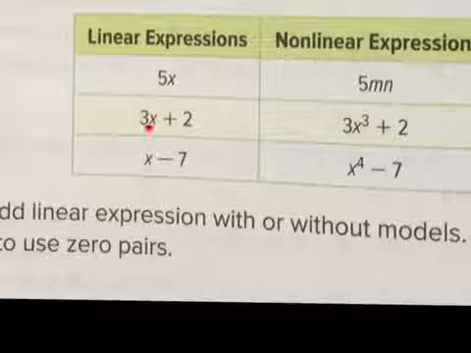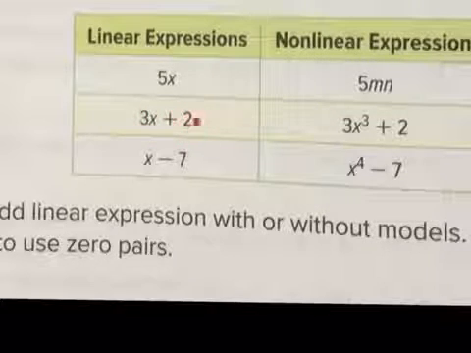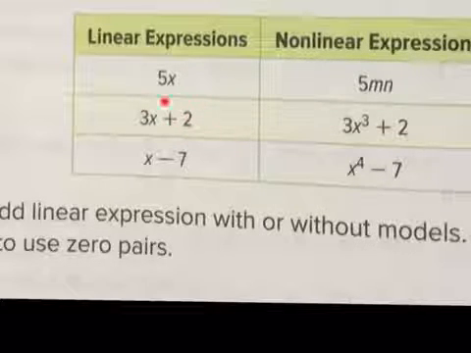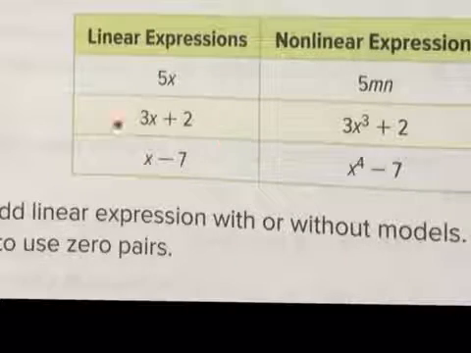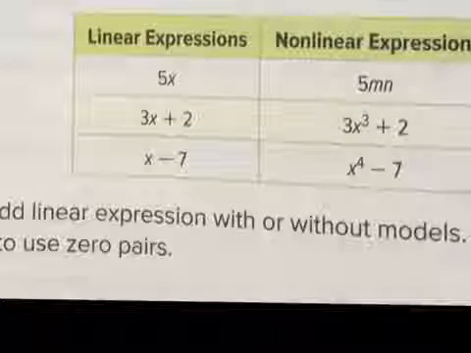This 3 will be our slope later on, and this 2 will be our y coordinate, or our y intercept. Remember, this has a 1 in front of it as well. So you'll see what we mean by this, and this is why this will start to make more sense to you, why it's linear and these aren't.